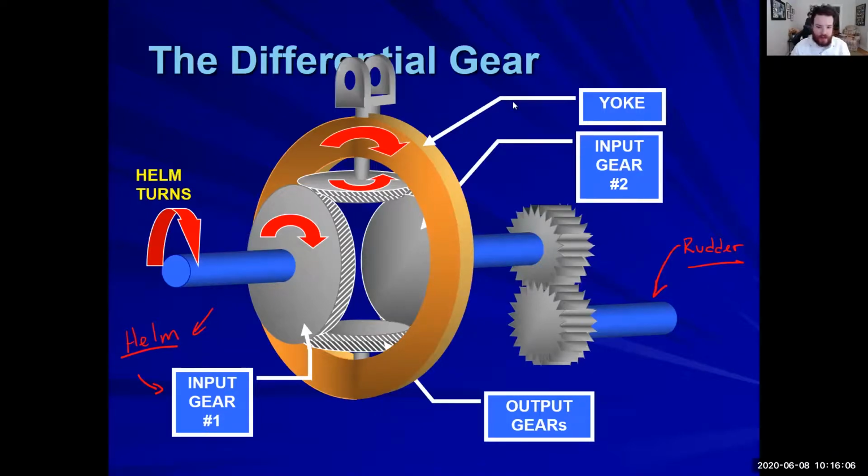So let's go through. As we were talking about, we have two input gears here. Why would we want to have a rudder input, whereas we should only care about what our helm is saying? Why does it matter what our rudder is doing?